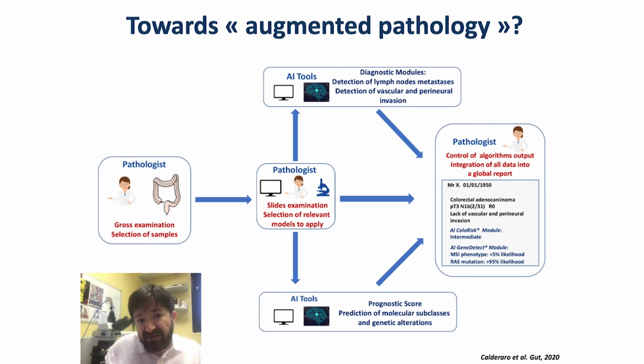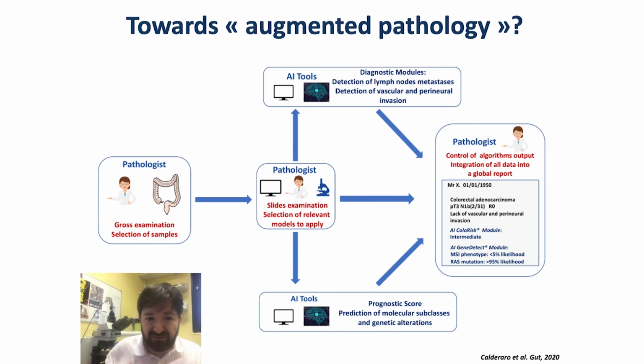And maybe the pathological process in the near future will look like this. You have, for example, a pathologist who receives a surgical specimen of a colorectal cancer, performs the assessment, and then orders particular artificial intelligence-based diagnostic or prognostic modules.